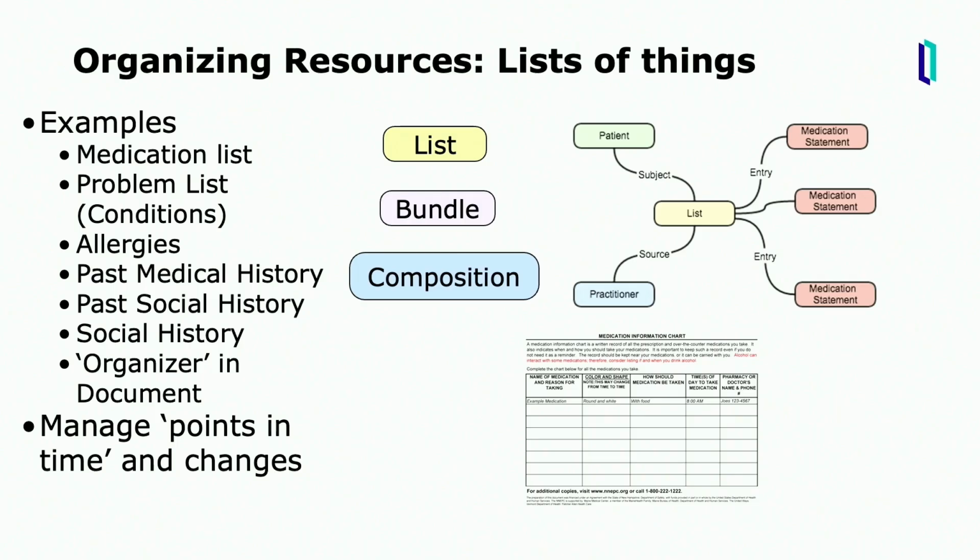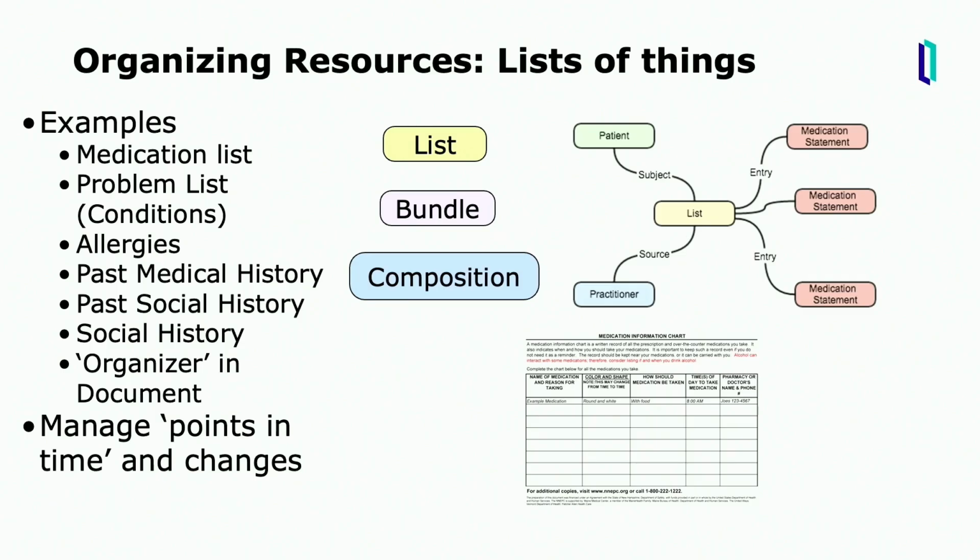Organizing things as lists. In healthcare, as you know, there are many lists of things. A patient has a list of medications, a list of problems. A practitioner has a list of patients that they care for or have in the hospital. Many things are lists. Part of making the FHIR specification computable is the idea that there is a list resource in FHIR, and you use that same technical representation of a list, no matter what kind of list you're making, to make the whole computability of FHIR simpler or more straightforward from a programming aspect.